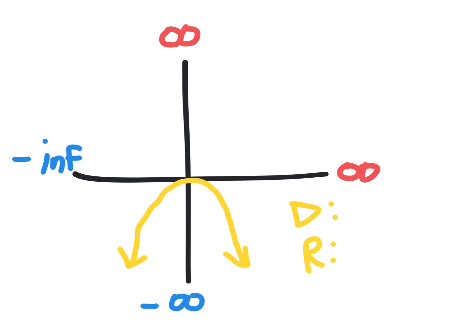If you don't even know what domain means, you're toast. Domain means left to right. Think to yourself, how far left does this function go? How far right does this function go? How low does this function go? How high does this function go? That's your domain and your range.